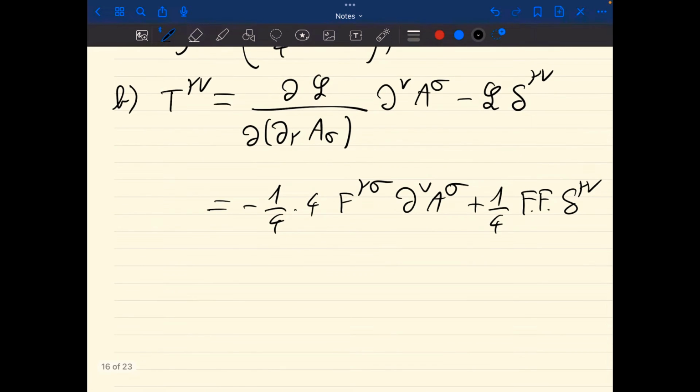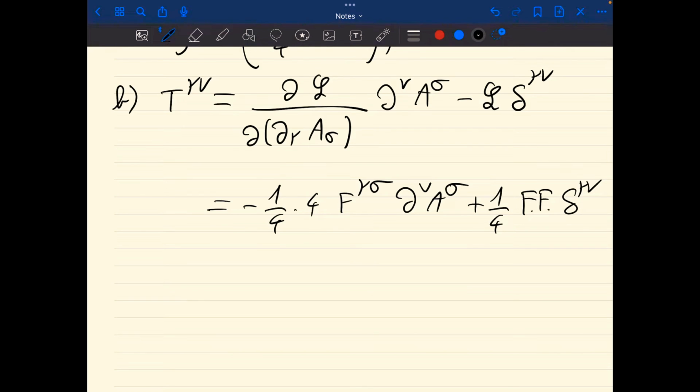So this is apparently not symmetric in mu and nu, but as the problem suggests, we can actually add a term which is a full derivative in order to make that symmetric in mu and nu.